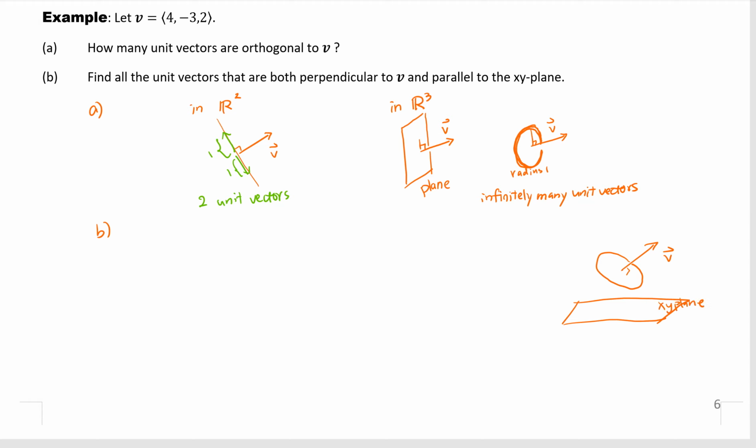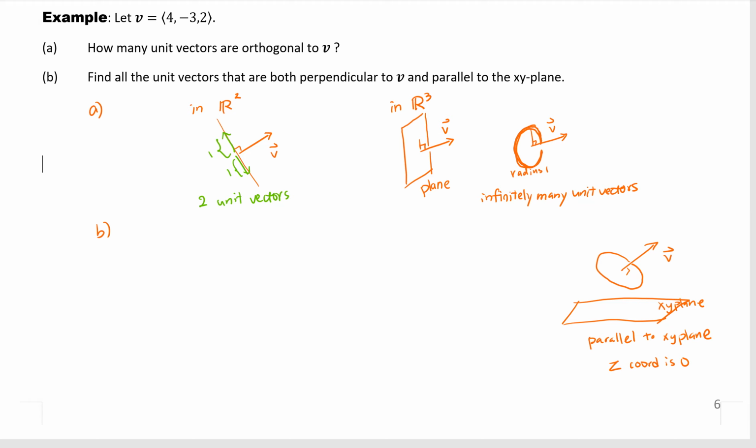Parallel to the xy plane means the z coordinate is 0. If you're on the xy plane, you don't have a z coordinate, right?